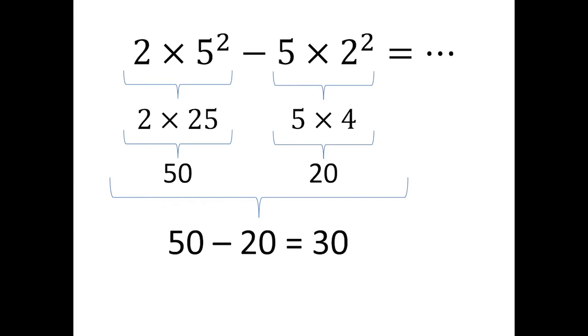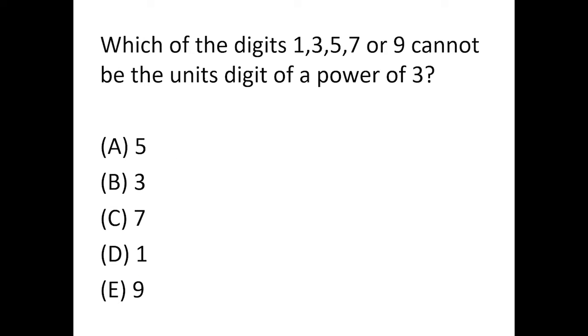A question from the Senior Maths Olympiad, that is for grade 10s to 12s. Which of the digits 1, 3, 5, 7, or 9 cannot be the units digit of a power of 3? Knowing the first 4 or 5 powers of 3, or being able to calculate them, will help you with this answer.